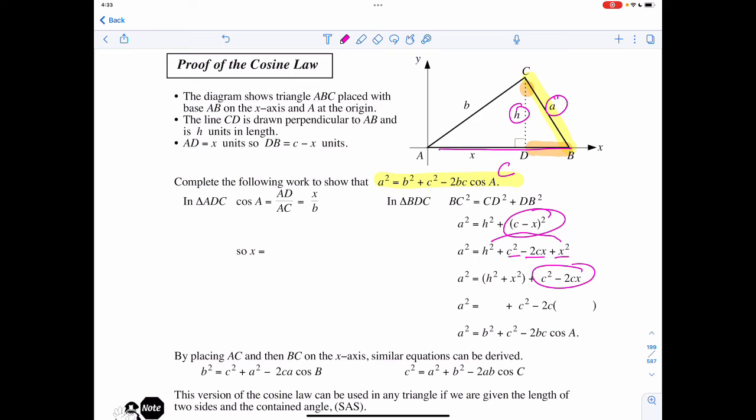If I'm taking my h squared plus my x squared, you'll notice that here's h, my height, here's x, and those are all part of another right angle triangle here, where that's just solving for my b value. H squared plus x squared is going to be b squared.